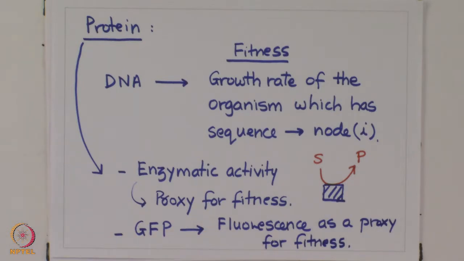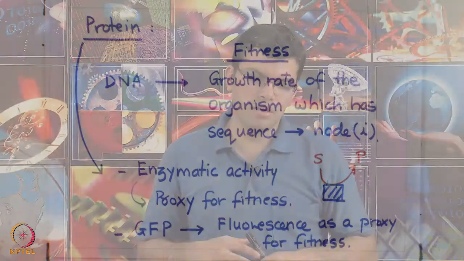The question here is not so much determining whether these quantities actually represent fitness of a protein or not, but the goal is to understand the structure and the properties of these landscapes in general. So, defining them as proxy does not really mean that we are strictly saying that this is the fitness of a protein, but this helps us understand the relationship that exists between sequence and function of a protein.